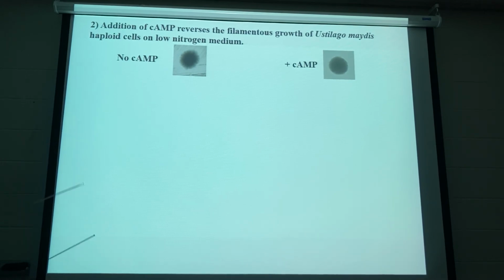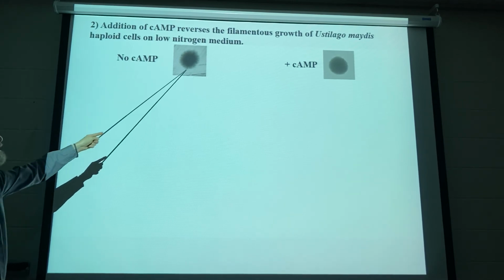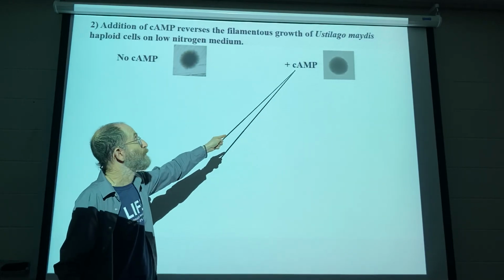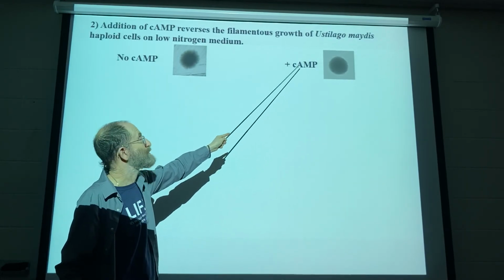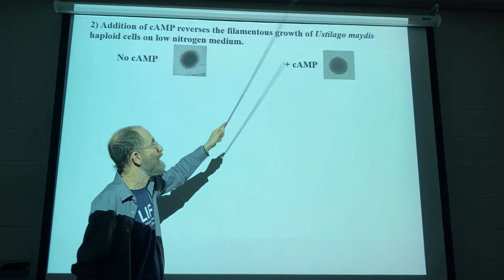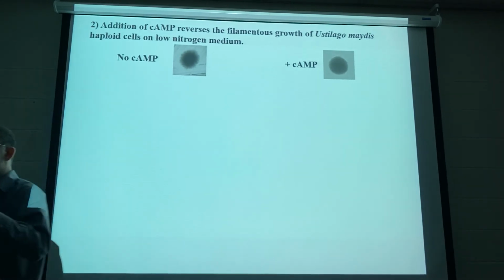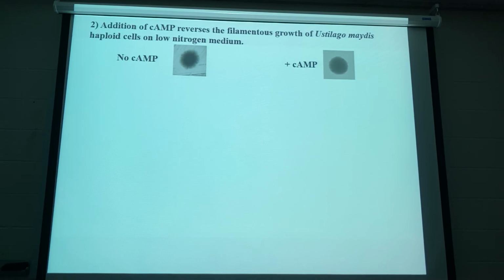So in this situation, normally on low ammonium, you get filamentation, but if you add cyclic AMP in order to activate PKA, you get budding growth instead. So the colony is smooth and the cells are budding. And that shows you again that the activity of PKA makes a difference in terms of the response to low ammonium.